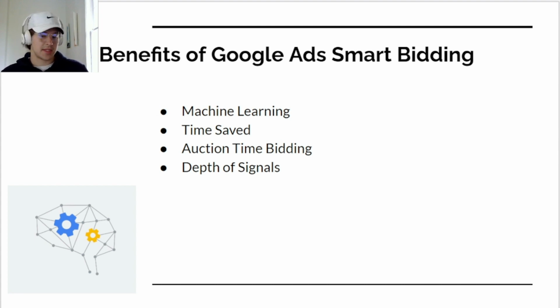Depth of signals is not something you necessarily have when you're manually bidding. So again, you want to utilize these automated solutions so you're bidding beyond just the query, beyond just the keyword, and you're really focused on who the user behind the search is. And that's some of the biggest benefits to utilizing smart and automated bidding.